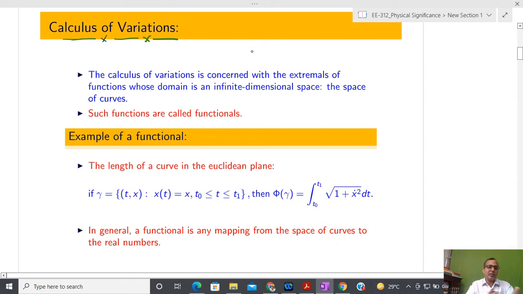Actually some kind of bias happened, and the energy based approach, or calculus of variation based approach, was suppressed for a long time. It became popular when Einstein gave the theory of relativity, and then people were able to see the beauty of the calculus of variation.